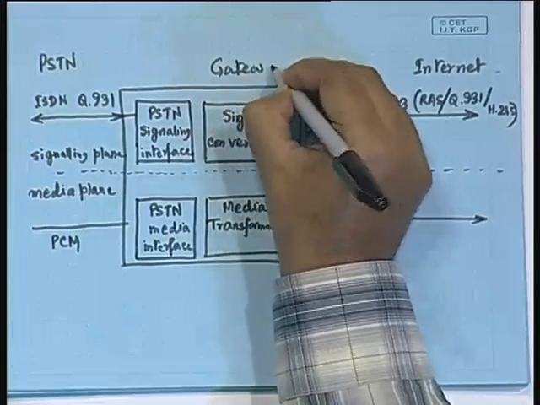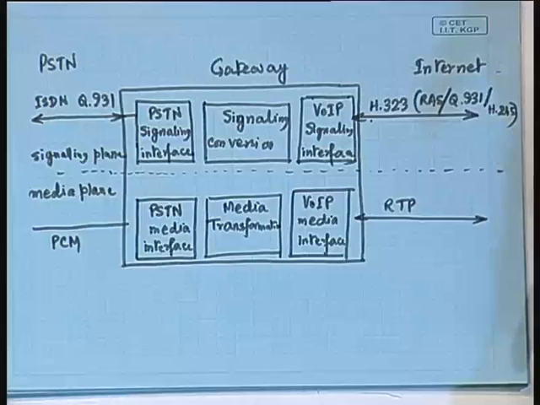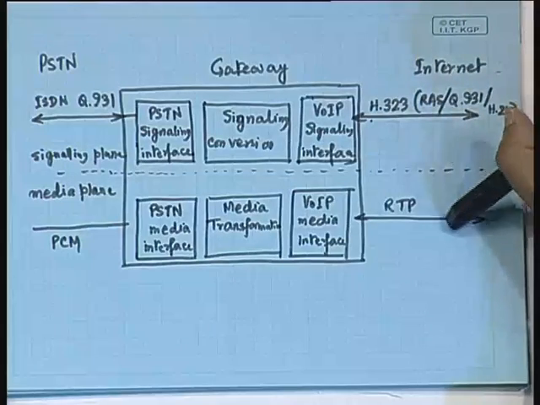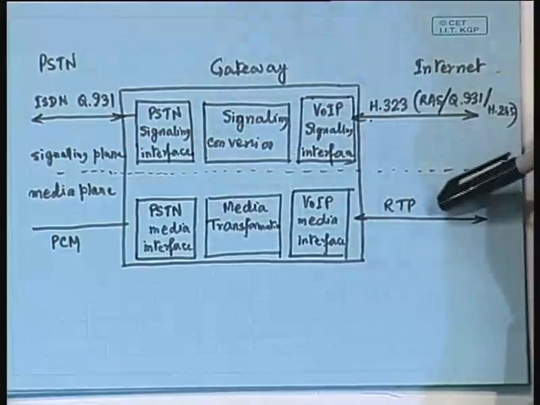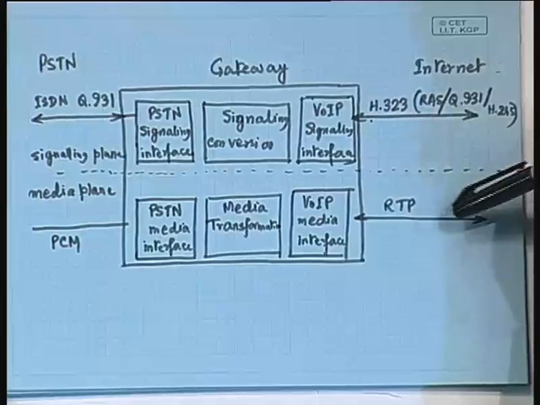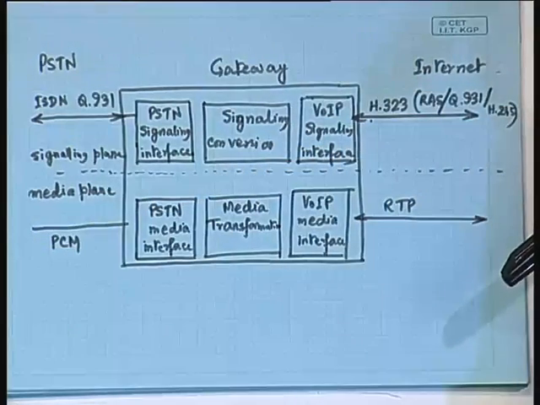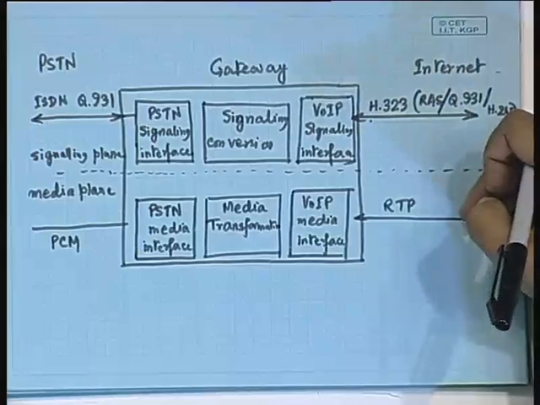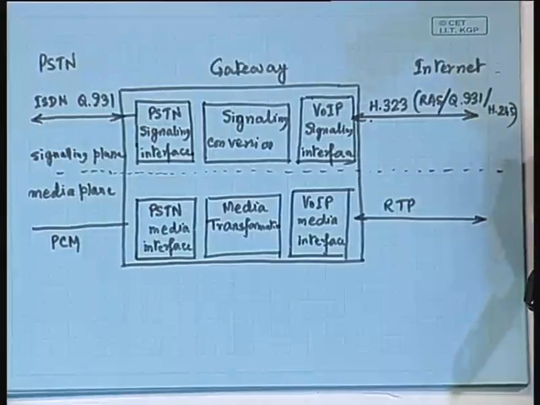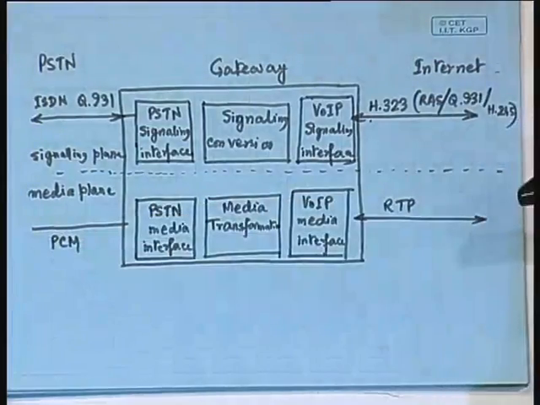And just a reverse type of transcoding will also be necessary whenever the data stream comes from the internet and has to go to the PSTN, because in that case we have to extract the RTP payload and get the data. We have to decode the data, because the RTP payload again contains encoded data, and then encode it in the way the PSTN operates.